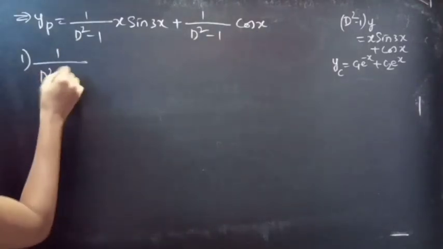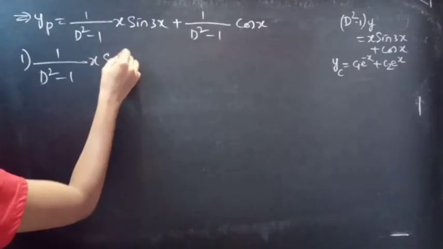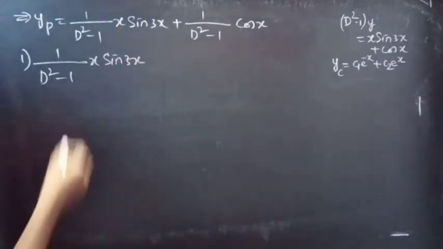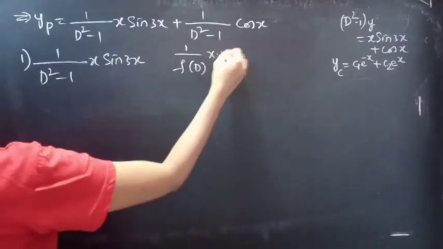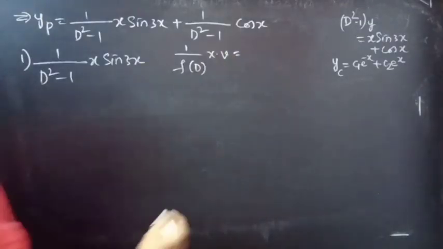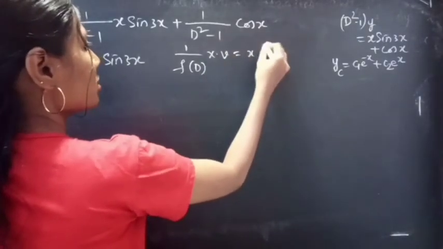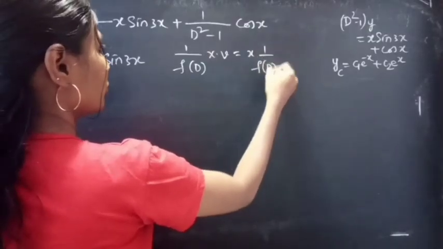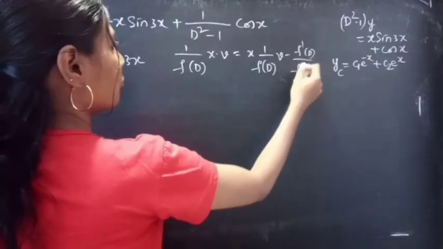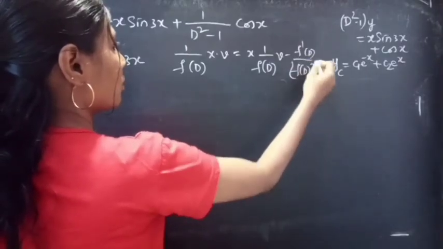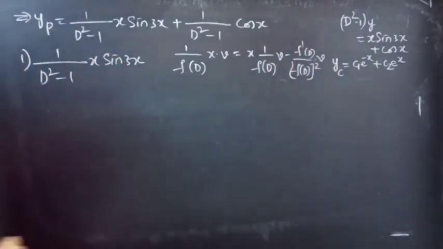Firstly, we are going to find 1 by f of D into x sine 3x, right? So this is of the form 1 by f of D into x into v. Here we are going to use the formula: x into 1 by f of D into v minus f dash of D by f of D whole square into v, right?